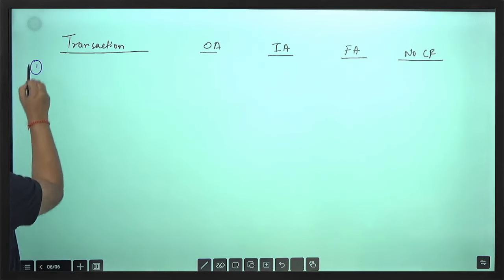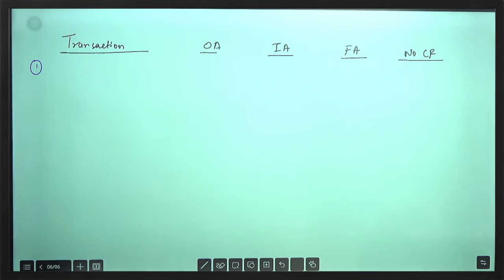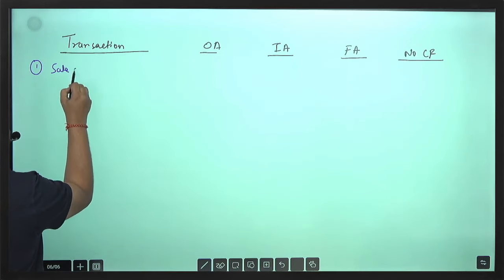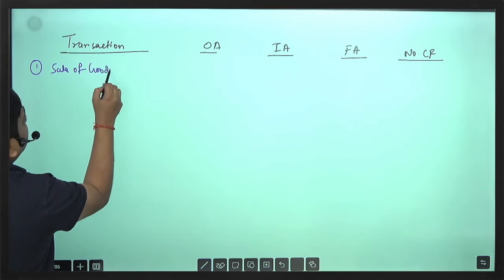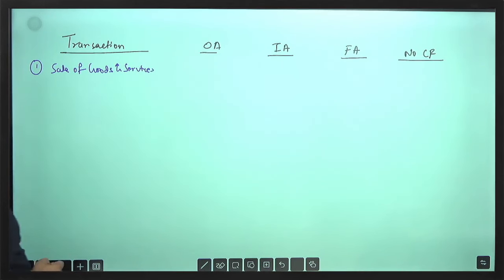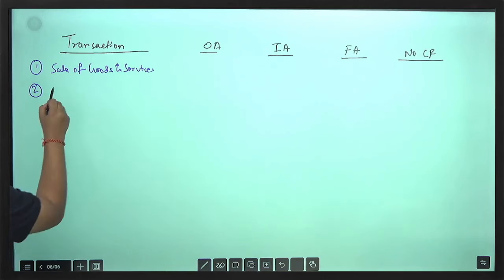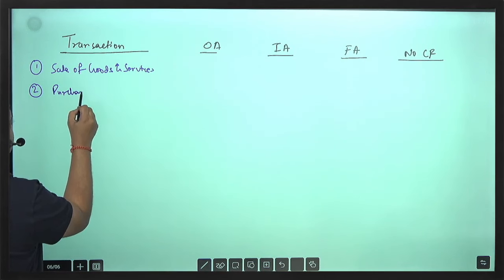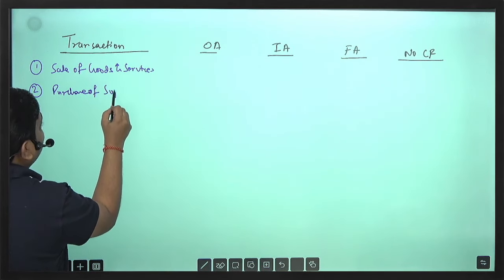The very first one: sale of goods and services. You just keep on marking, okay? I'm just giving you. Purchase of supplies.